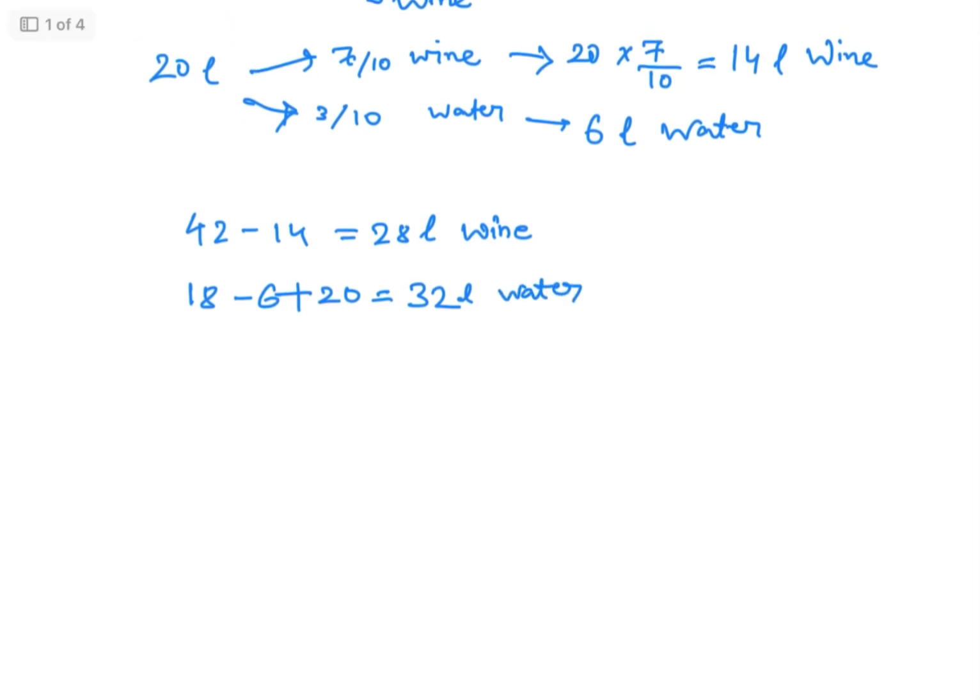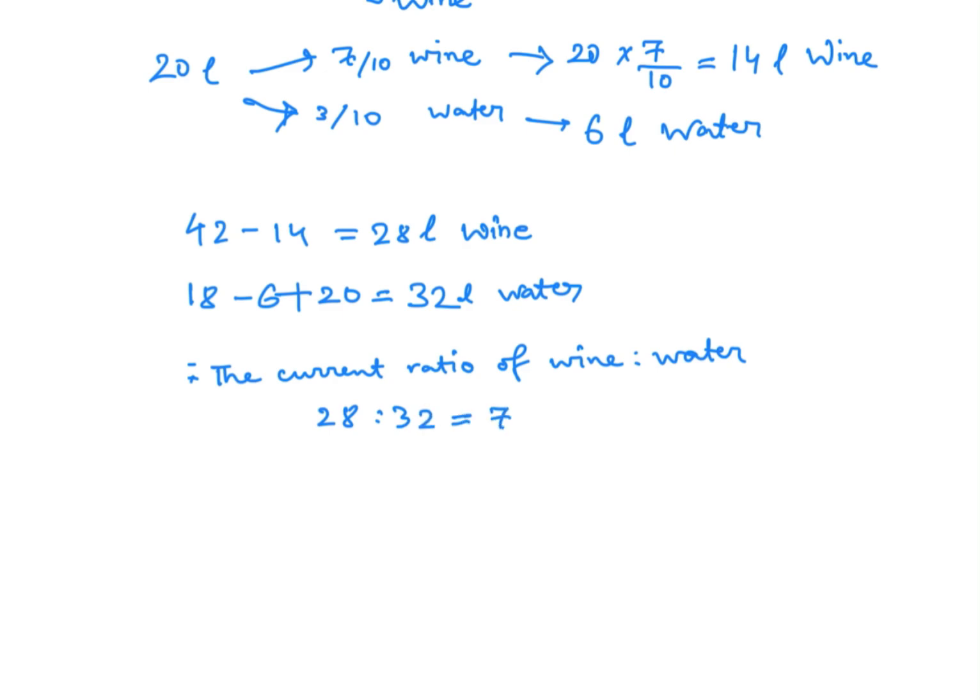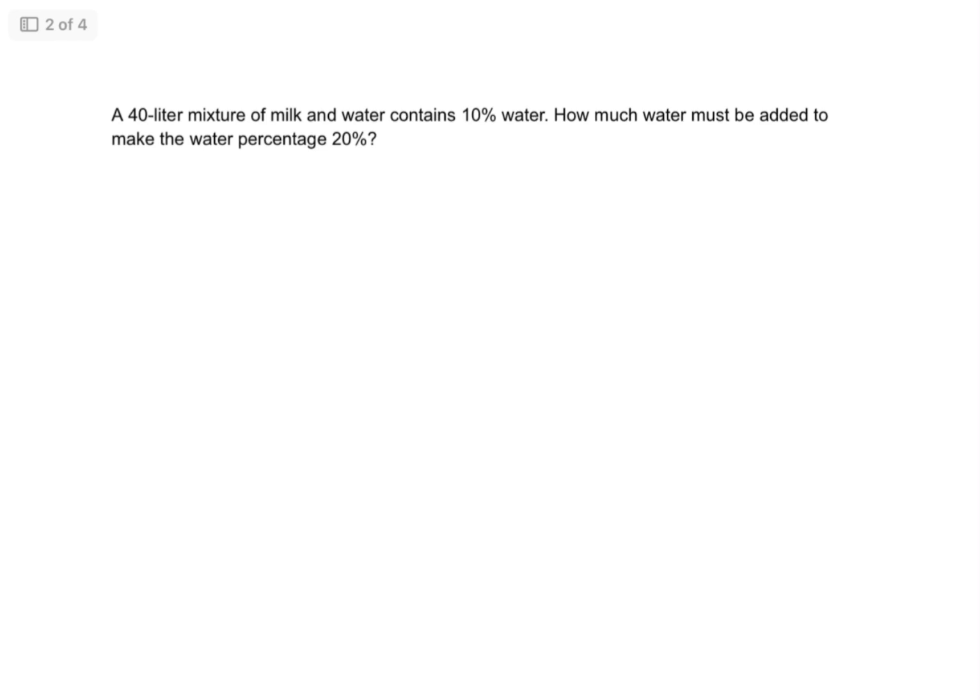So therefore the current ratio of wine to water will be 28 is to 32, or it will be 7 to 8. Okay, so let's see what the next problem says.